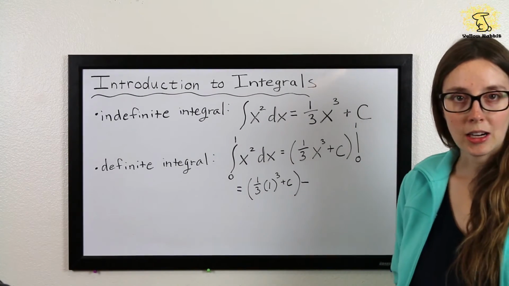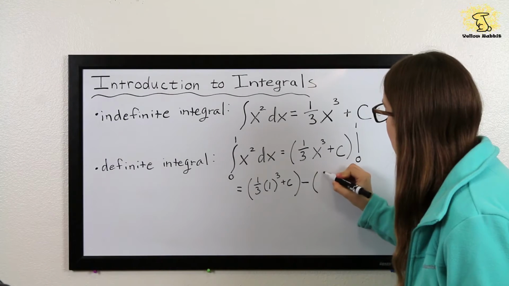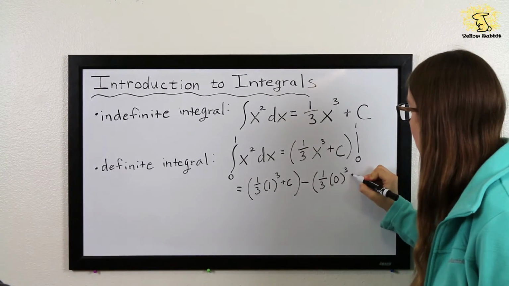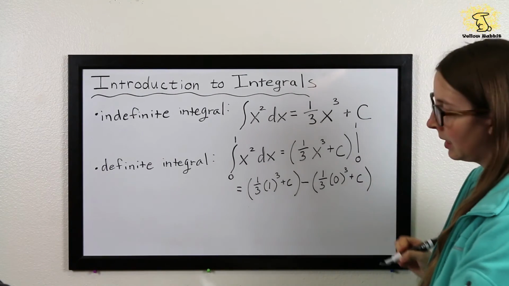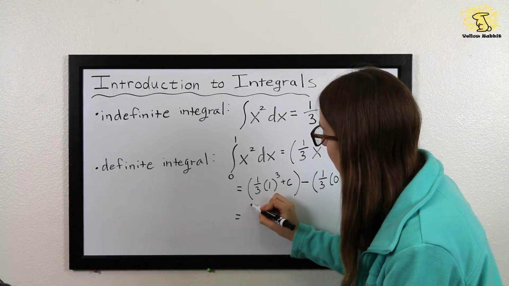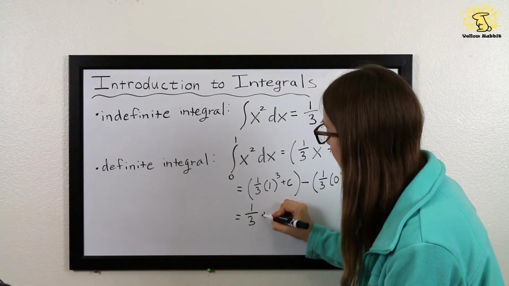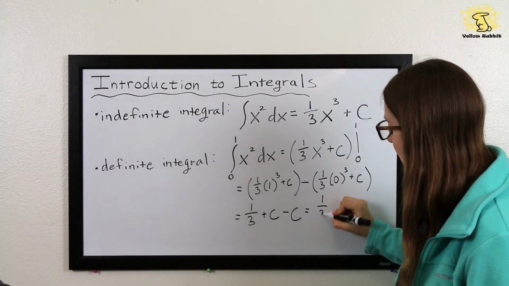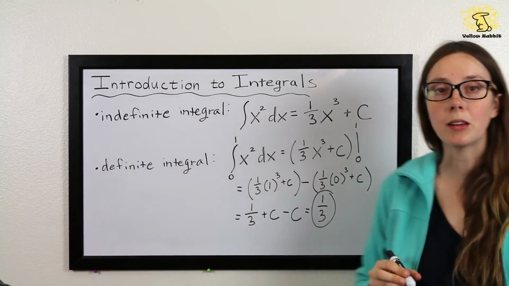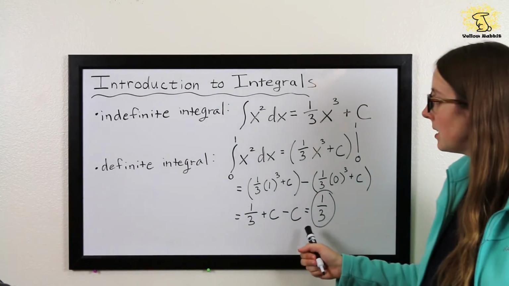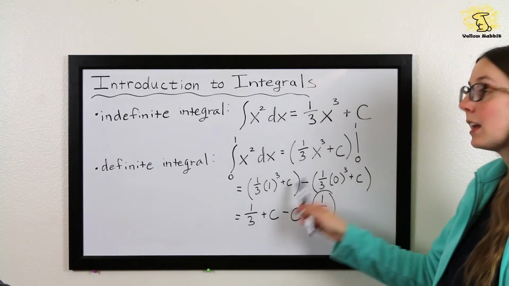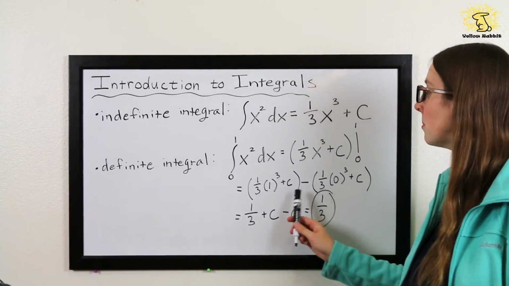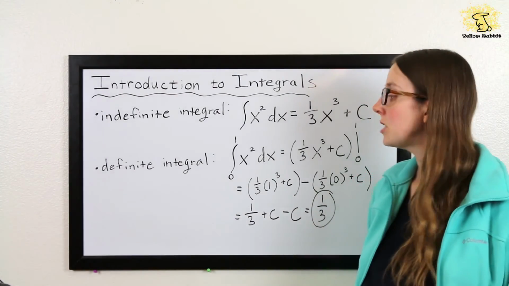I now subtract off the lower limit, so minus 1/3 times 0 cubed plus c, which gives me a result of 1/3 plus c minus c, which of course simplifies to simply 1/3. As you'll notice, when solving definite integrals, the value of constant c will always cancel out, so it would be perfectly acceptable simply to leave it out of our solution.